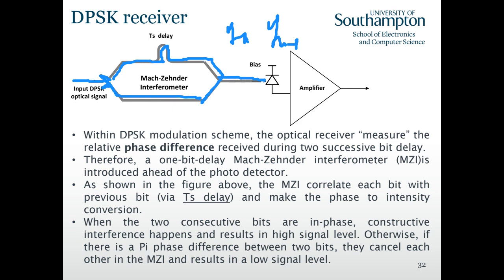If there's no change between these two, the intensity would be high. Okay, so here we do not need a local laser anymore, and also we do not need polarization control as well, because this is the delayed version of our own signal. So the polarization is always aligned.